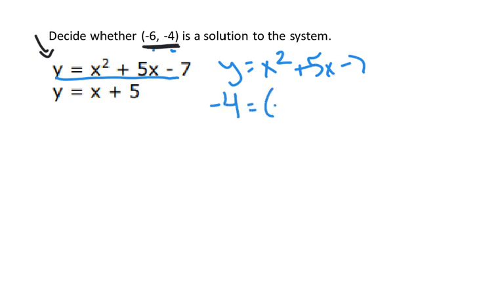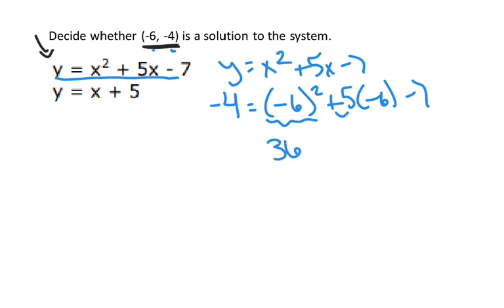Our x is -6. Notice I'm going to put this in parentheses with the squared on the outside. Plus 5 times -6 minus 7.